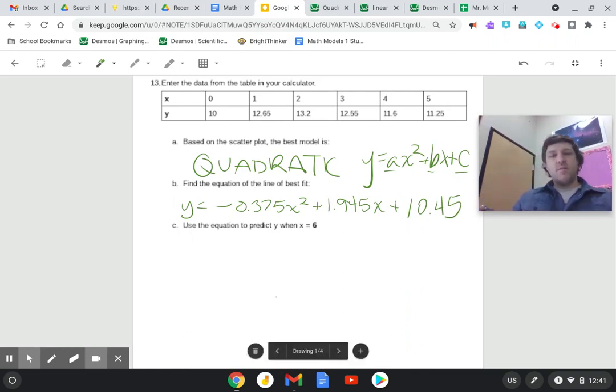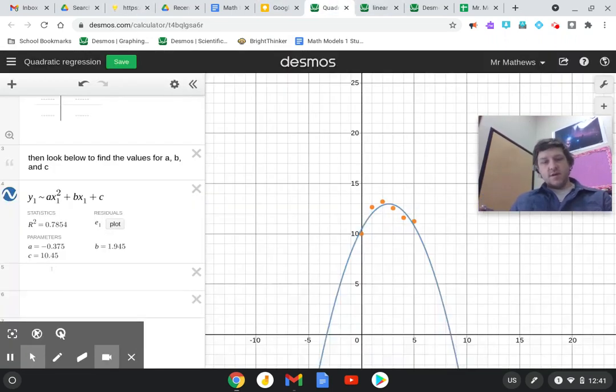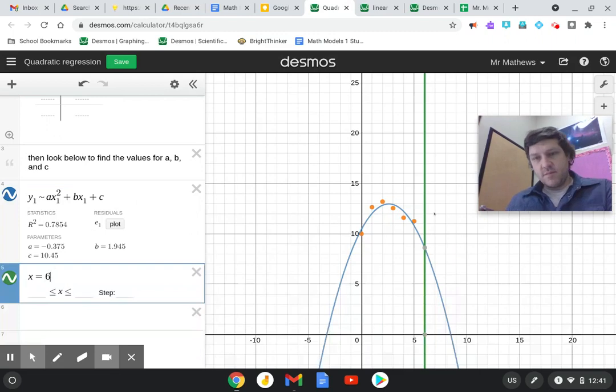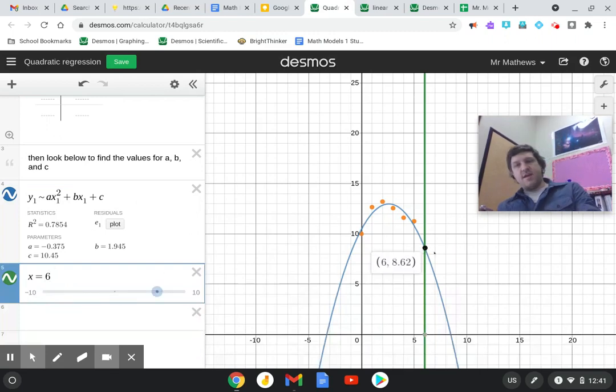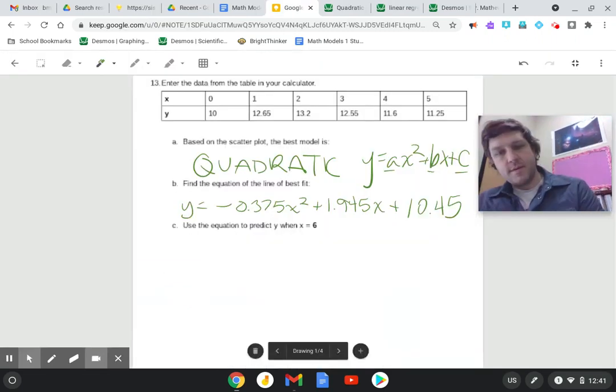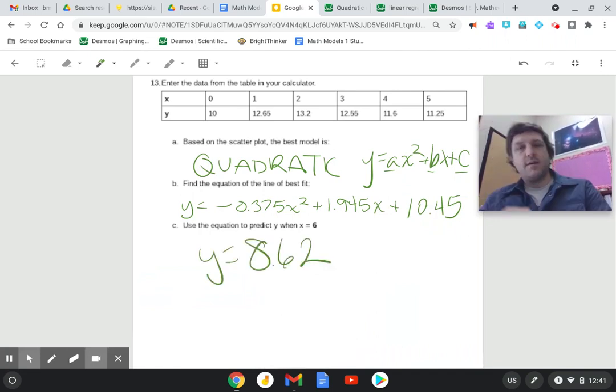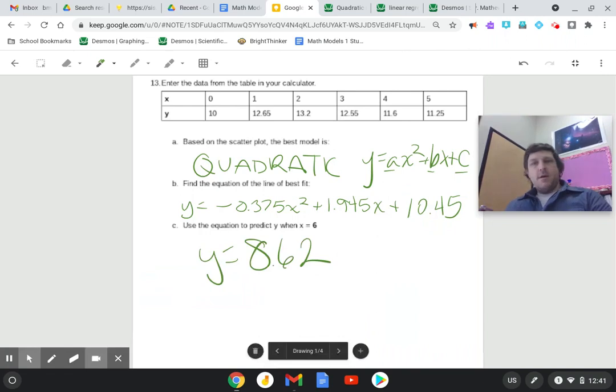And then we want to find out when X equals 6. So we go down here, we type an equation for X equals 6, and we see that the graph is at 8.62 when X equals 6. That's pretty much it.